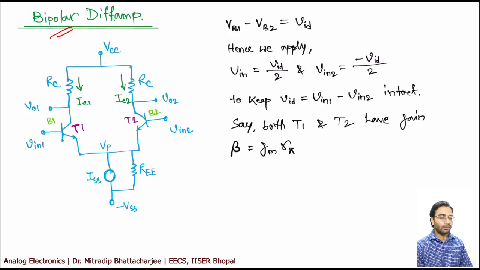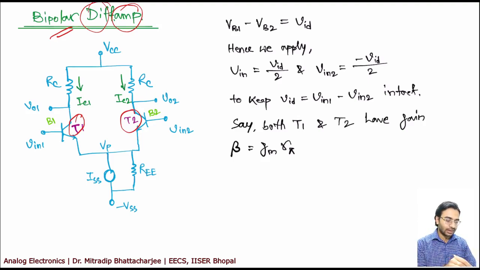Okay, so for bipolar differential amplifiers, I have written DFAM, which is nothing but differential amplifier. In case of bipolar differential amplifier, the difference is you use BJTs in place of MOSFETs. Circuit wise there is not much change.